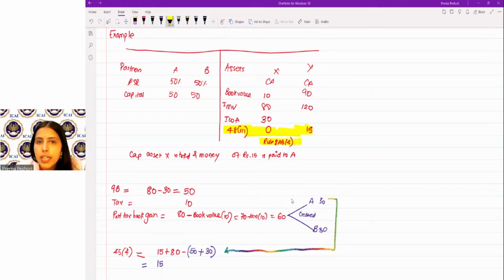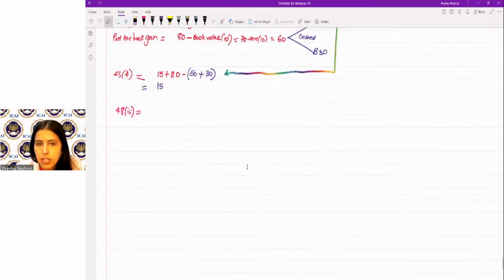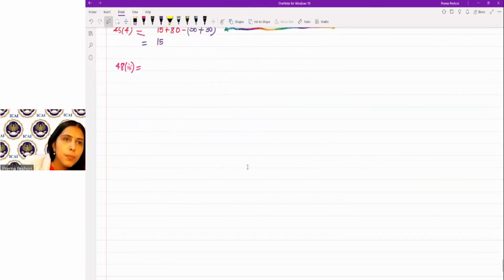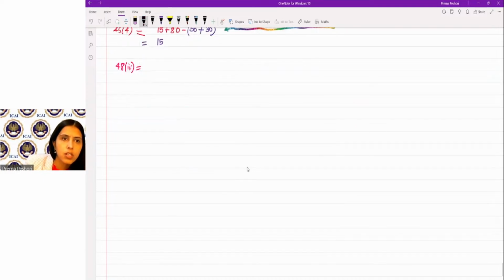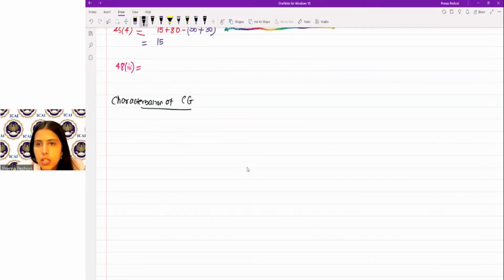Now I'm going to take up the examples from the circular itself. But before that, let's try and understand this circular provides for two more things. And what are those? Characterization of capital gains.